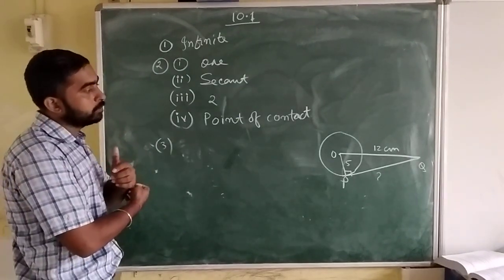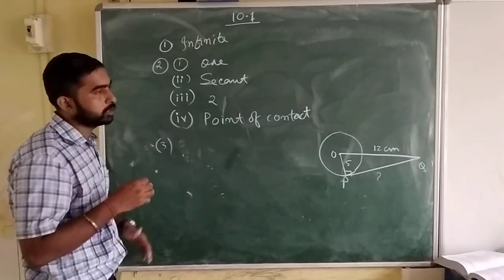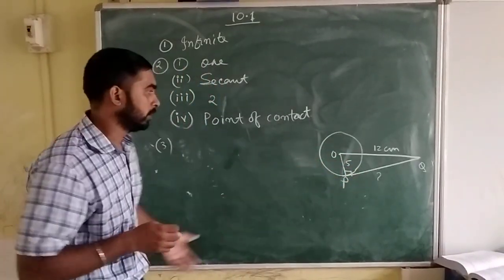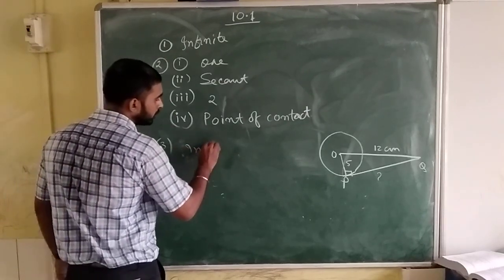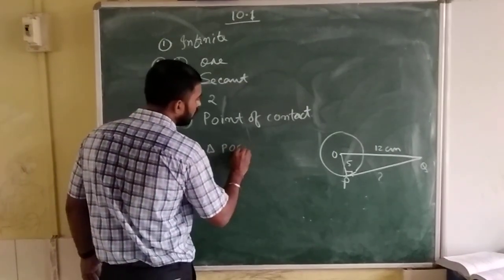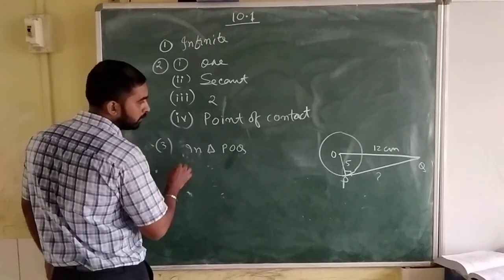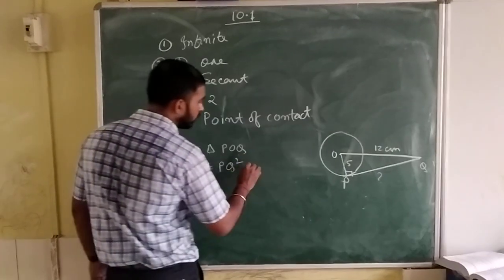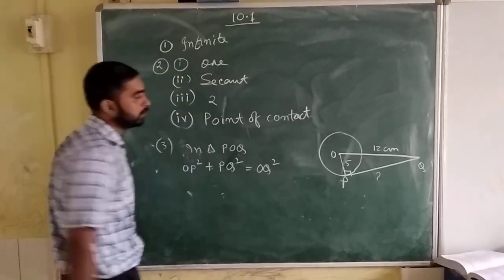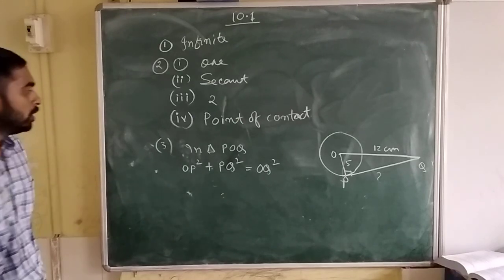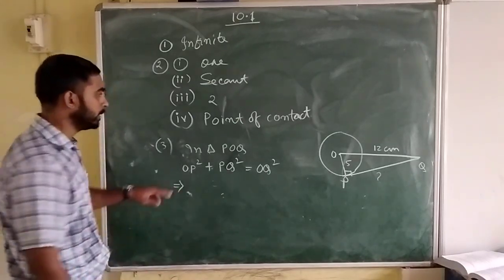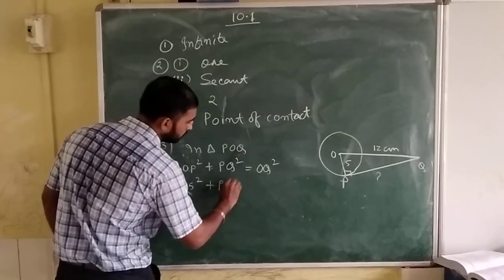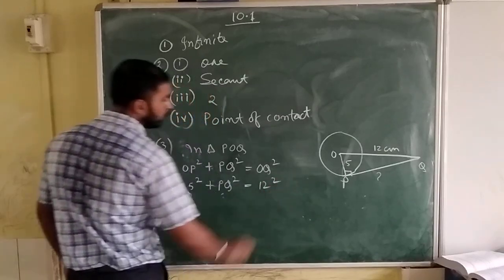So now we can use the Pythagoras theorem. Hypotenuse squared is equal to perpendicular squared plus base squared. In triangle POQ, OP squared plus PQ squared equals OQ squared. OP equals 5, so 5 squared; PQ we don't know; OQ equals 12.